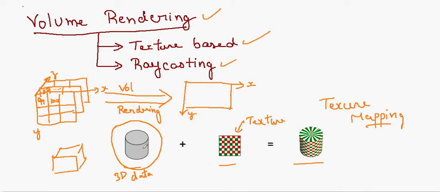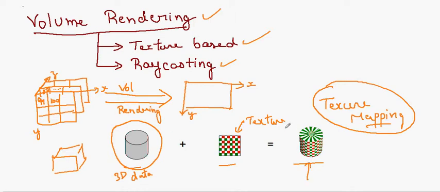If it just looks very normal, it does not look good when we see it in its original form. So in texture mapping we use a simple texture, repeat it over the entire volume, and it forms something like this.